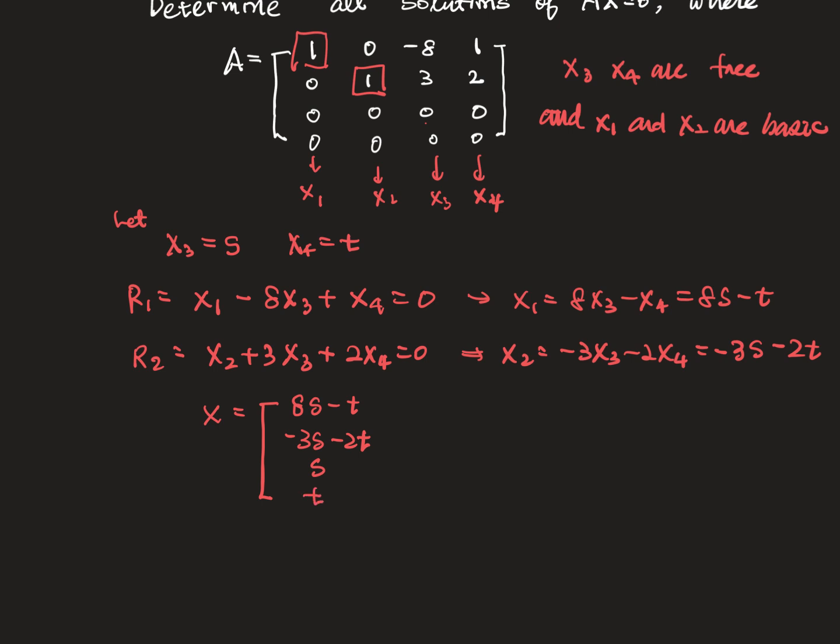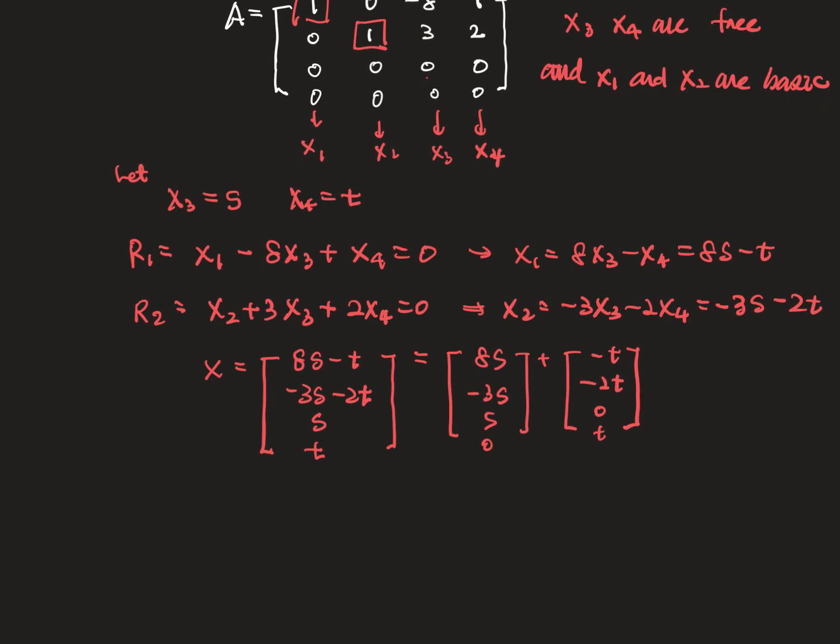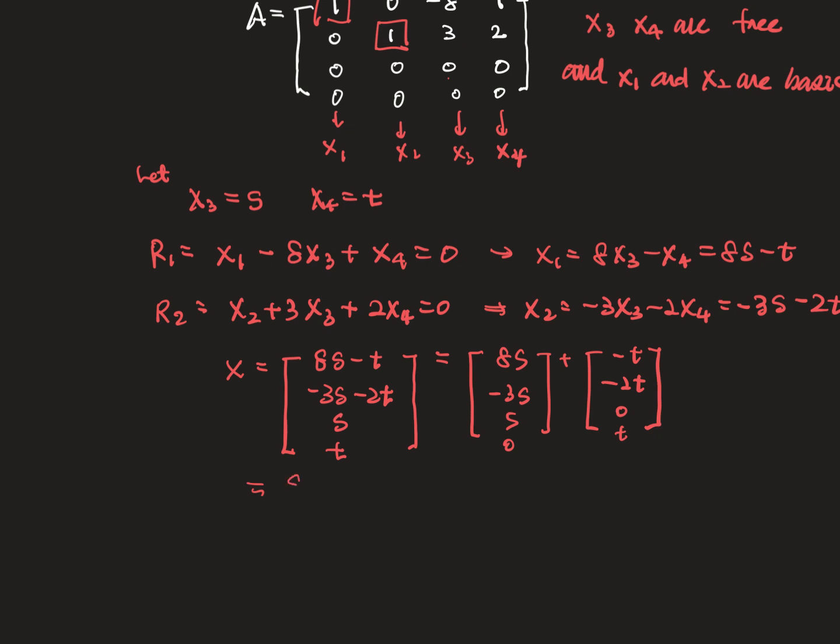Everything makes sense? So I'm going to separate these into two vectors, okay? See that? The first column vector has all the s terms. The second column vector has all the t terms. So what is common in the first column is s. You're going to put 8, negative 3, 1, 0.